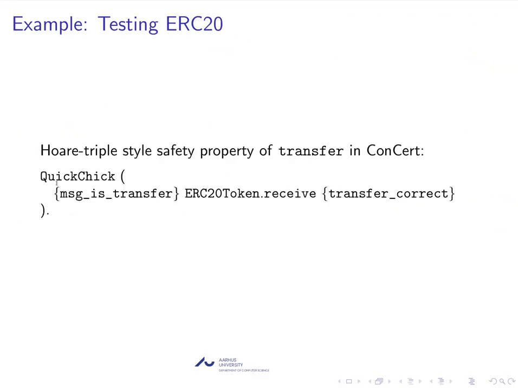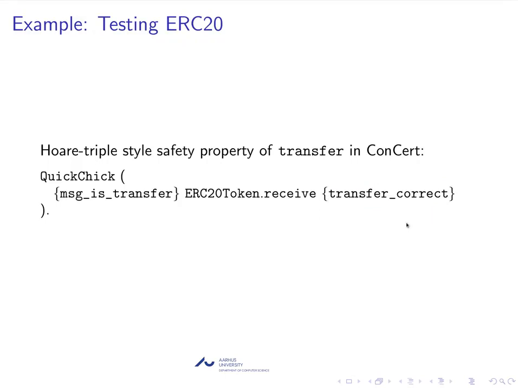Here's an example of how to test a simple safety property of the transfer endpoint in ConCert. Here we use a Hoare triple-like notation, where the first bracket is the precondition, and this precondition states that the incoming message is a transfer, and the postcondition is some predicate on the contract state before and after the transfer.